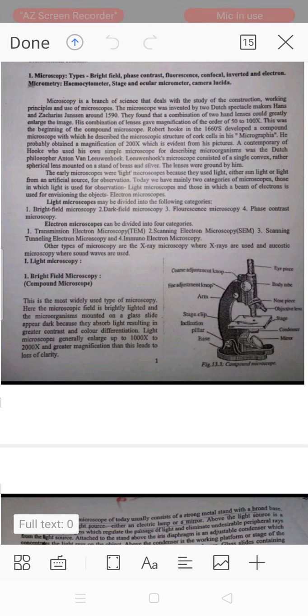Here the microscopic field is brightly lighted and the microorganism mounted on a glass slide appears dark because it absorbs light, resulting in greater contrast and color differentiation. Light microscopy generally enlarges up to 1000x to 2000x, and greater magnification than this leads to loss of clarity.